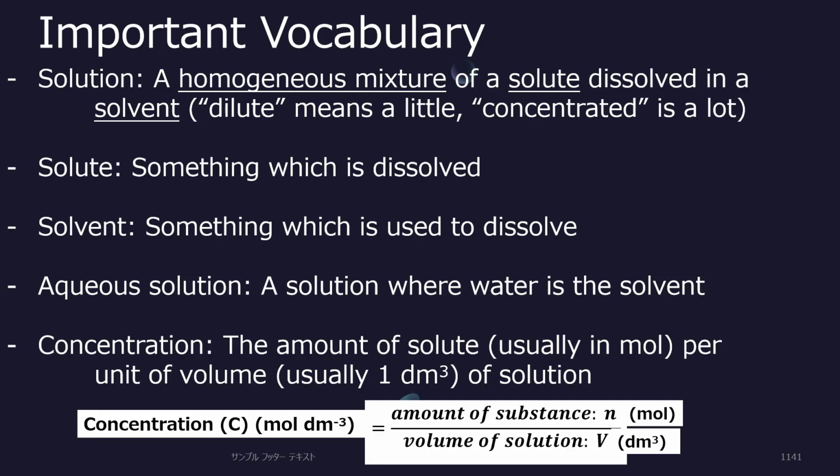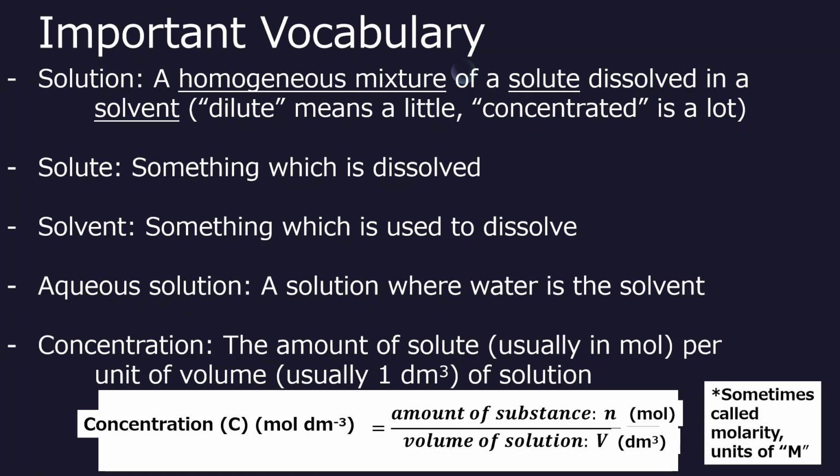Concentration equals amount of substance divided by volume of solution, where the amount of substance is the solute being dissolved. So we can write that as big C equals little n over big V. And the units will be moles per decimeter cubed for concentration, which comes from moles on the top and decimeters cubed on the bottom. Very important.